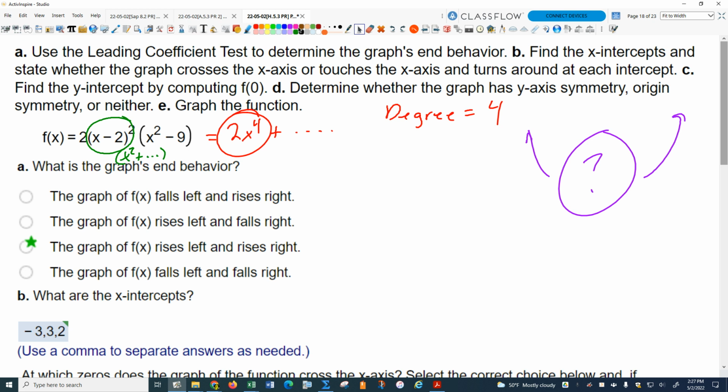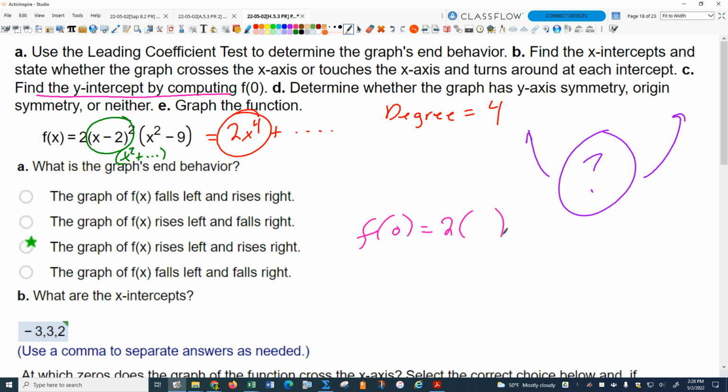So for this part, find the y-intercept, then we're just going to do f of 0 equals, well, what's that going to give us? 2 times, what's the value of that factor when x is 0? X minus 2 becomes what? Negative 2.